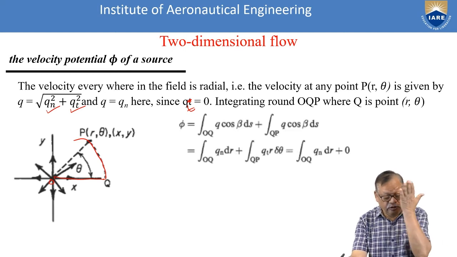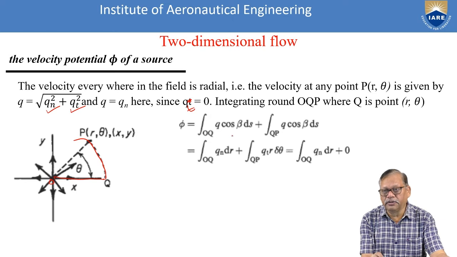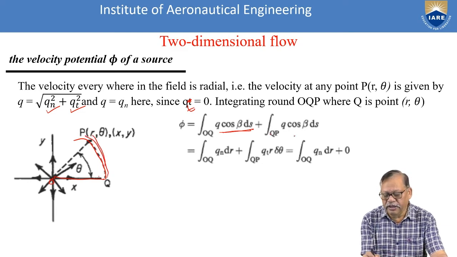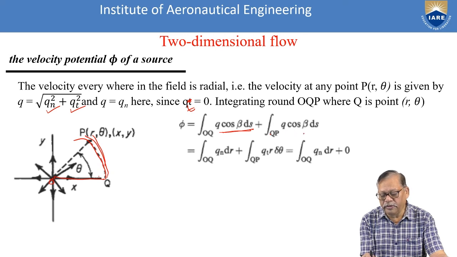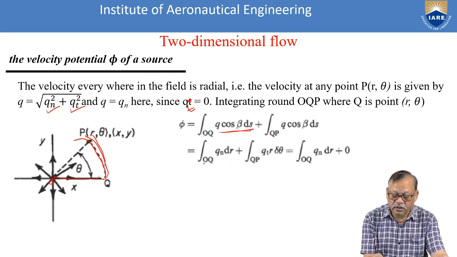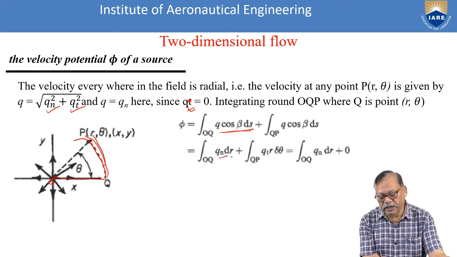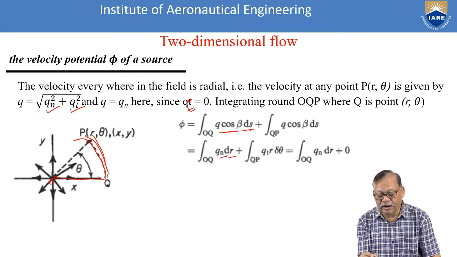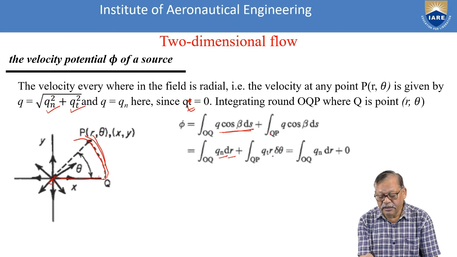From that, phi is the integral of q cos beta ds, from O to Q and from Q to P. This one we already know. Now q cos beta ds is nothing but the normal component into the radial distance, plus the qt into r d theta.